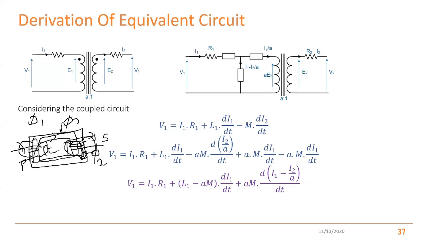So if I write the equations, suppose we have two coils like this. Suppose the inductance of this coil is L1 and this one is L2. This inductance occurred due to the leakage flux.